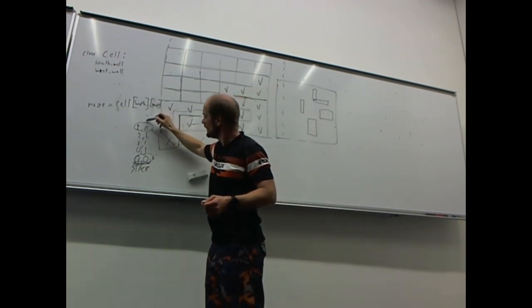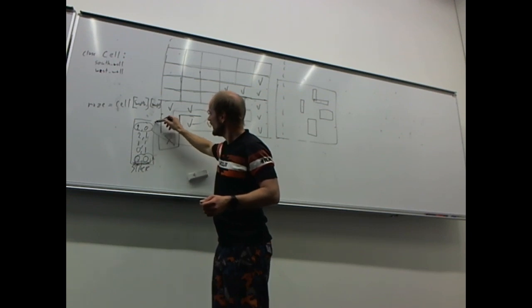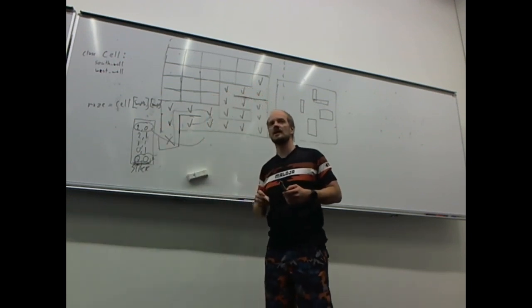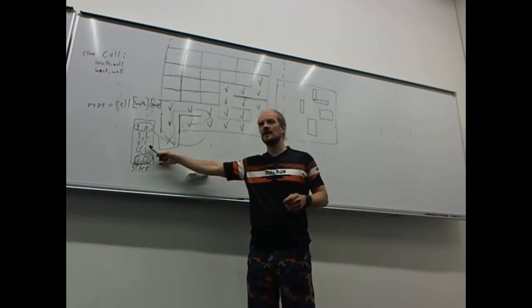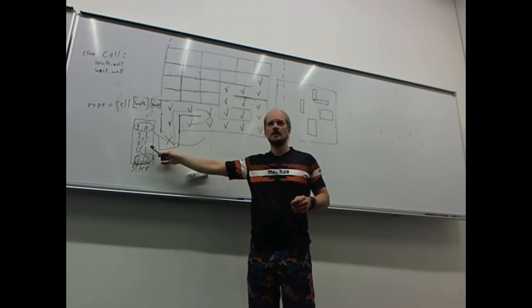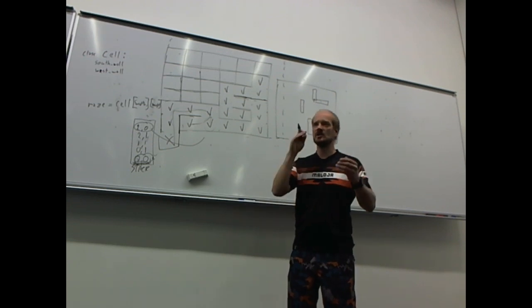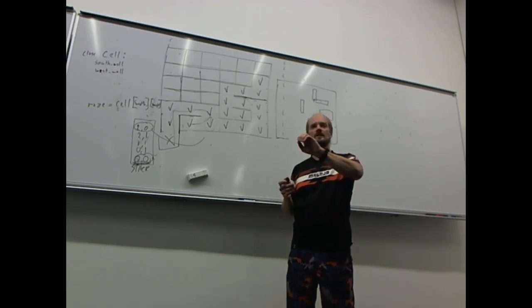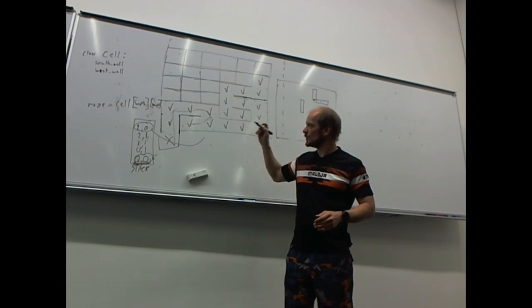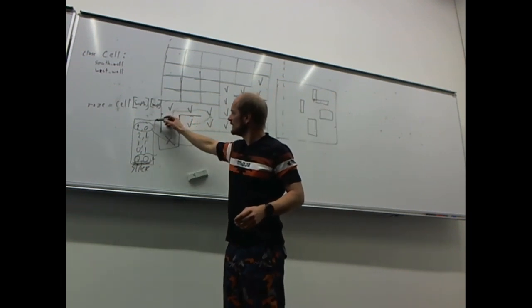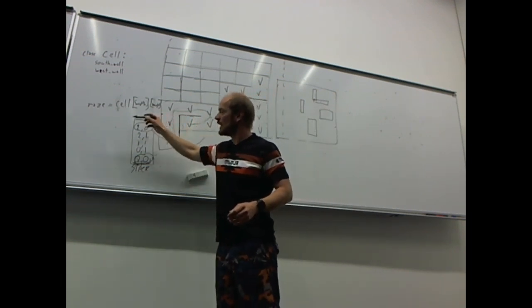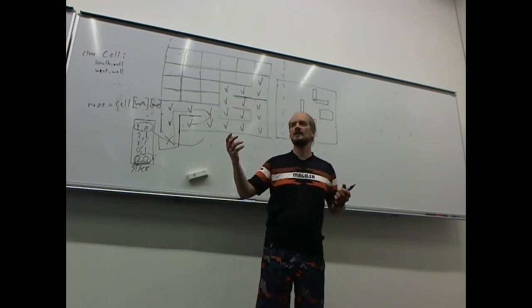Another way would be to say every time I backtrack, I'm going to check the size of my stack. And if it's longer than the last time I checked, I'm going to say this is my new end cell. And that means whenever you have to backtrack, you have a potential other end.